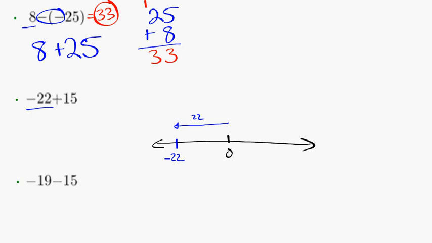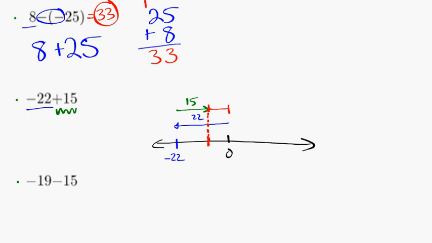Next, we are adding 15. So if we add, we are now moving to the right from this point. And I'm drawing this arrow a little bit shorter because it only has a length of 15, which is not as large as 22. So what you should notice with this example is that where you're going to end up is going to be on the left side of 0, and it is equal to whatever this distance is.